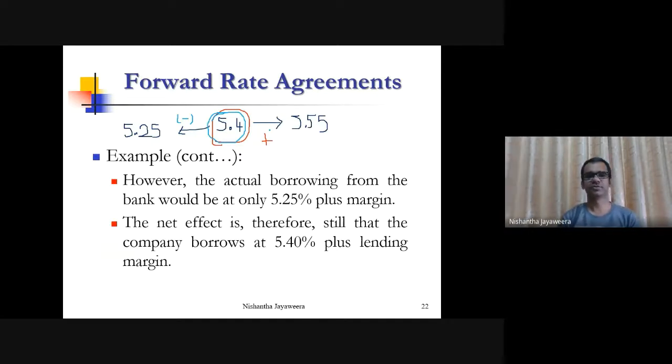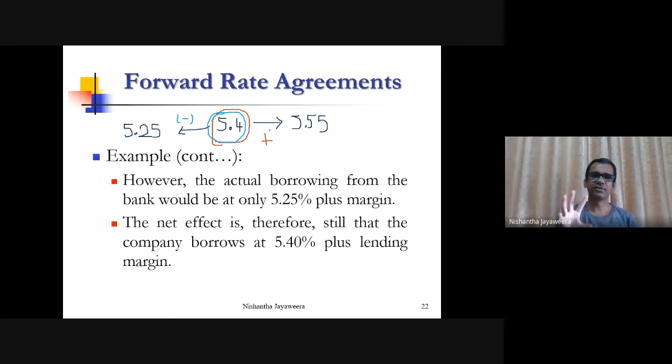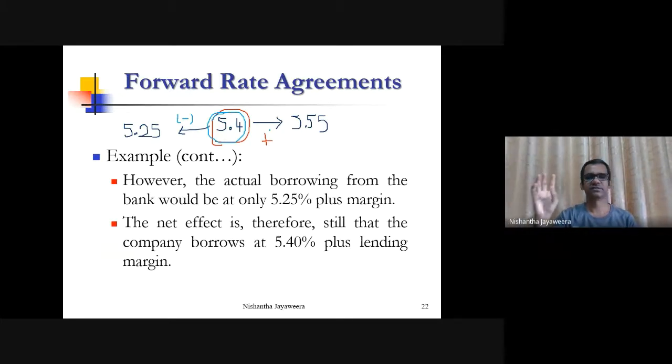Now you can understand that by entering into a FRA, a forward rate agreement, you can fix your future interest cost or gain, irrespective of the market interest rate prevailing at that time. That's the usage of this agreement.